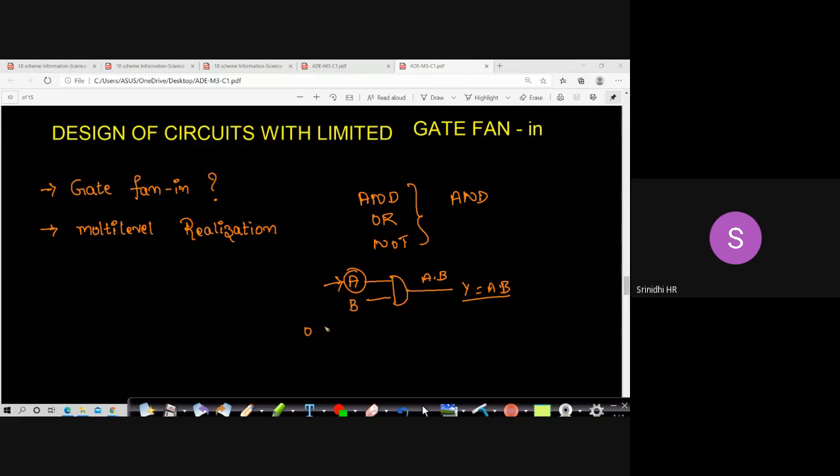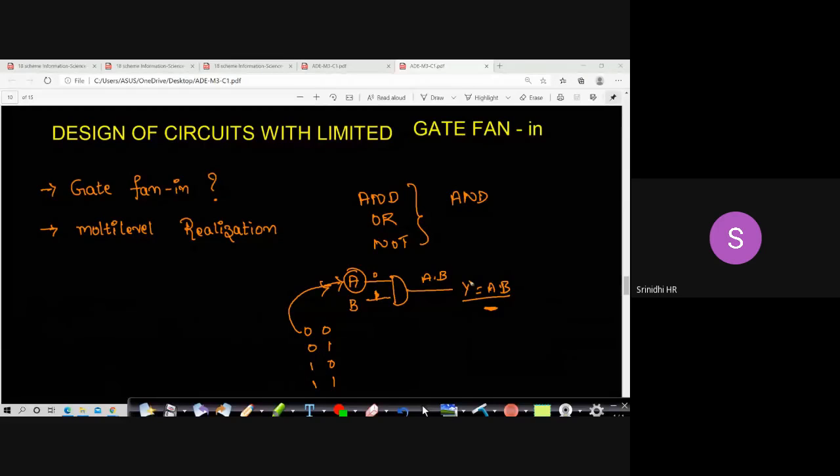Let's say 00, 01, 10, 11. First, I'll pass 0 and 0, so there is some output here. Next, I will change the input to 0 and 1. After changing it, there is a delay with respect to your output. That delay I will call the propagation delay.